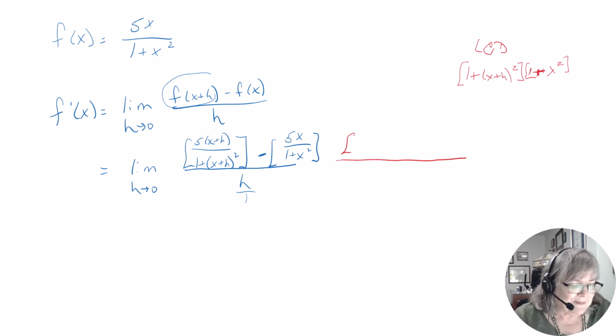All right, we can do this. Okay, by 1 plus x plus h squared times 1 plus x squared. And what you multiply the top by, you have to multiply the bottom by.